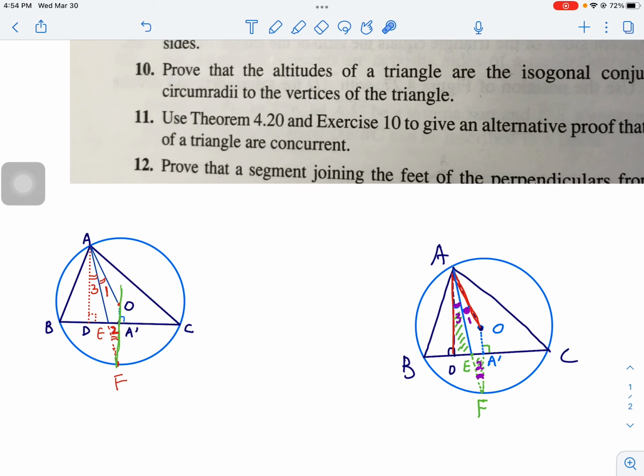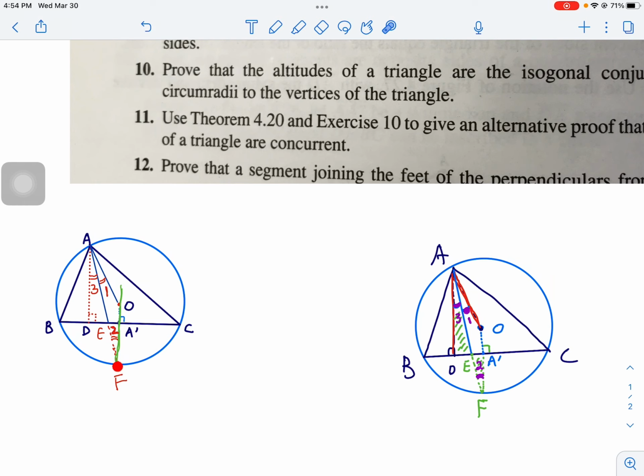Now, back to how we prove that O, A prime, and F are collinear. You know OA prime is the perpendicular bisector. If you can show that F is also on the perpendicular bisector, that means these three points have to be collinear. How do you show that F is on the perpendicular bisector? That's the first thing that I introduced back in section 4.1.